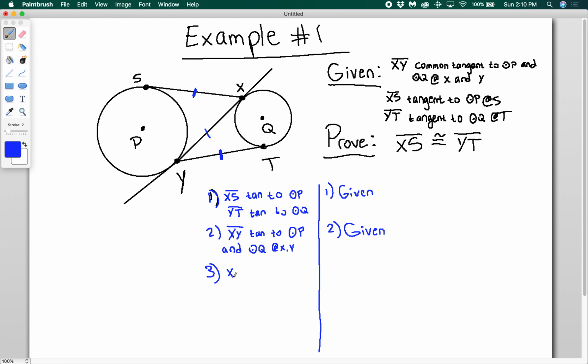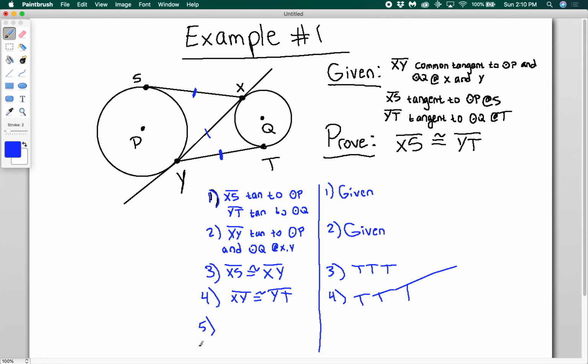So line segment XS is congruent to line segment XY because of the two tangent theorem. I like that. TTT. Nice. Yeah, two tangent theorem. Then XY is congruent to YT because of the two tangent theorem.